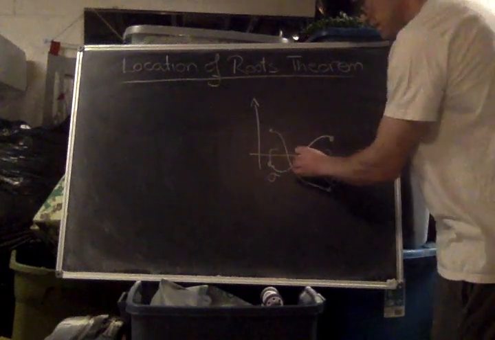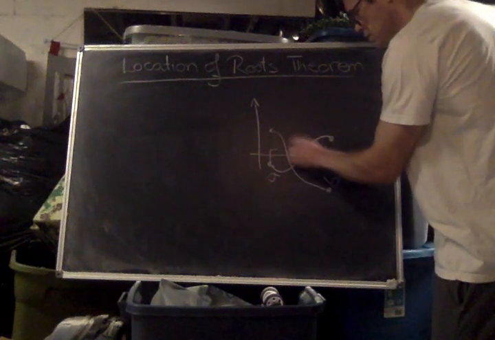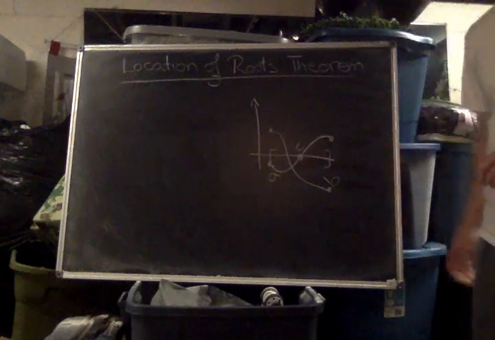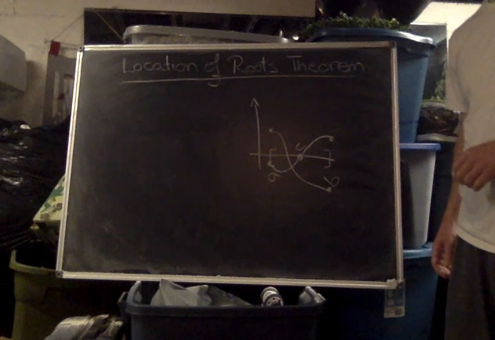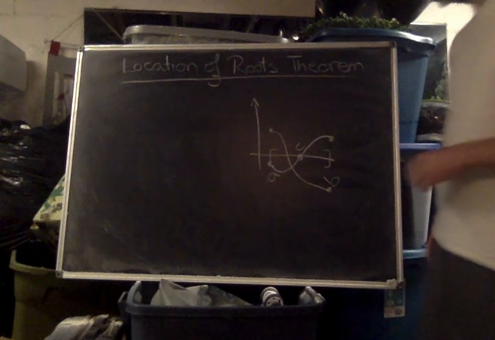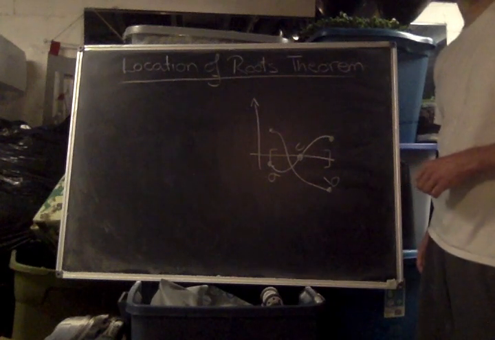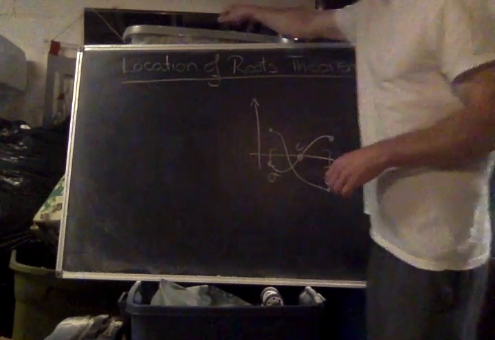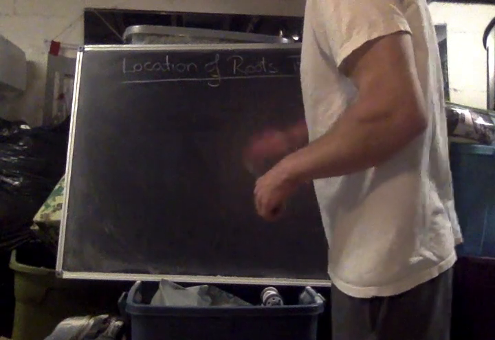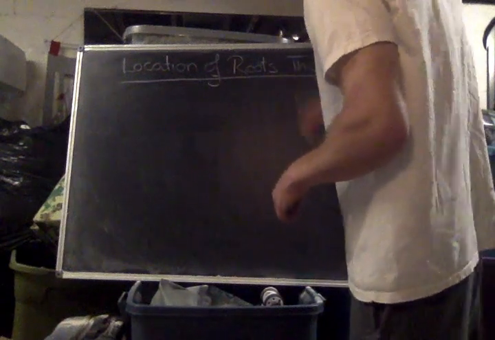It's going to say that this point here, we're going to call c, along the x-axis, always exists. There's always a c where the value of the function is equal to 0. Okay? All right, so let's write down a formal statement for this guy.